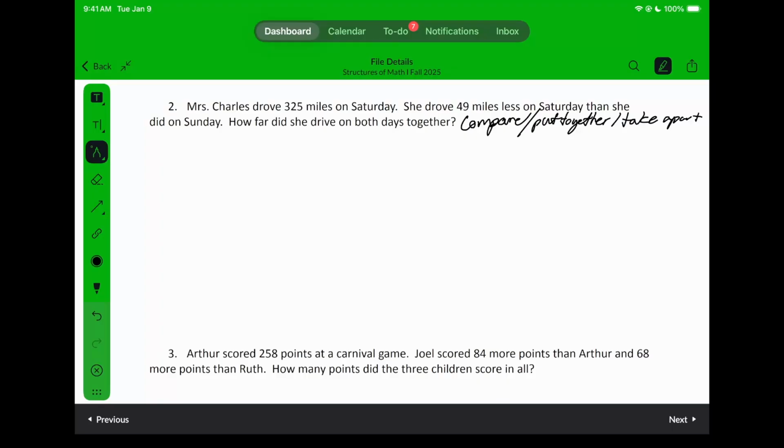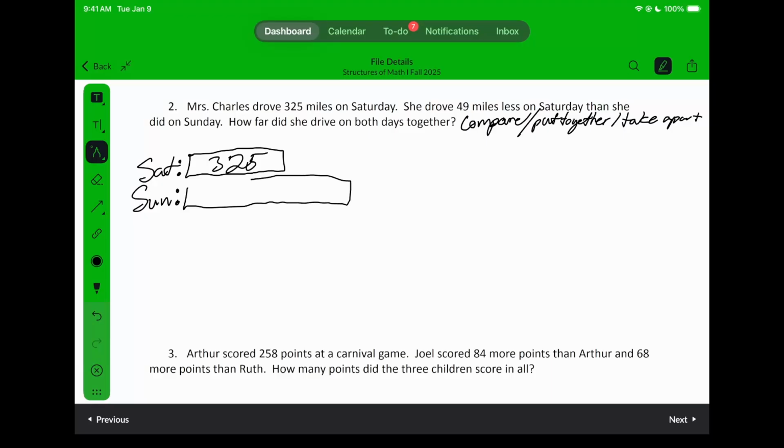So now we need to draw our strip diagram. So we have Saturday and we have Sunday. So we know Saturday, she drove 325 miles. Drove, not drew. She drove 325 miles on Saturday. She drove less on Saturday than she did on Sunday, which means our Sunday box is going to be larger than Saturday. Like that. It's a funky looking box.